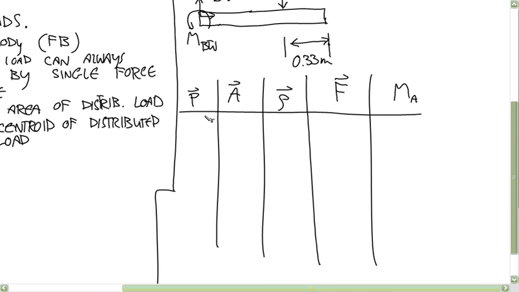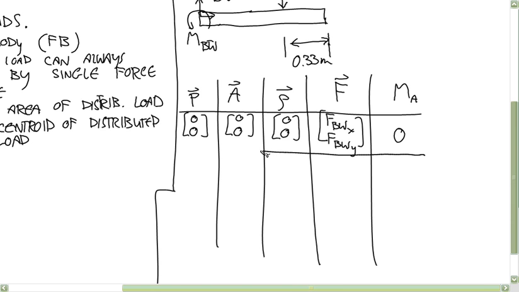That's located at 0, 0. For an about point, let's choose 0, 0. So rho is 0. The force is F on the body by the wall, X and Y. And the moment is 0, because rho is 0.